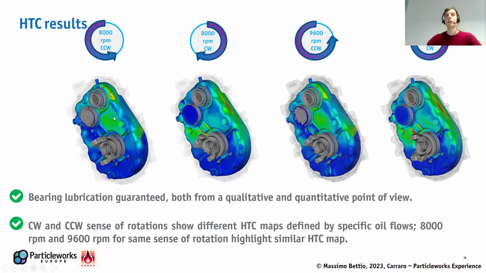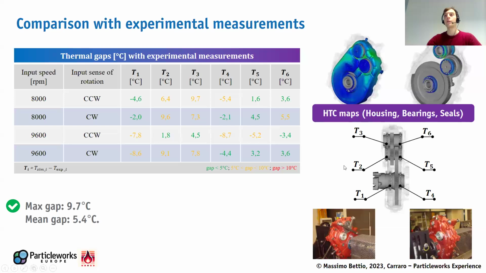Then at the end of the simulation, we can extract heat transfer coefficient maps, HTC maps, on the housing or on the bearings, and transfer them to the thermal solver. The thermal solver, as mentioned, can also be inside Particleworks, this module here.